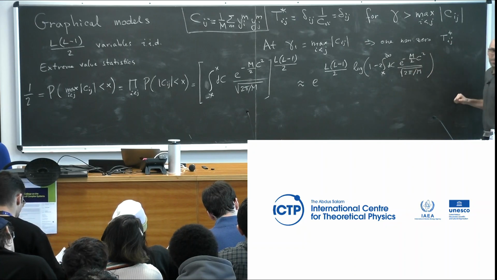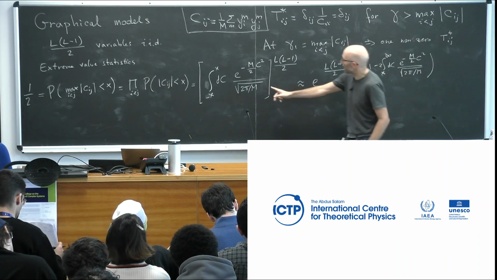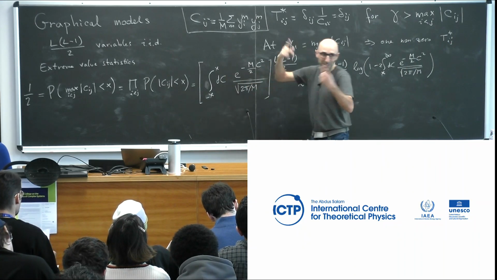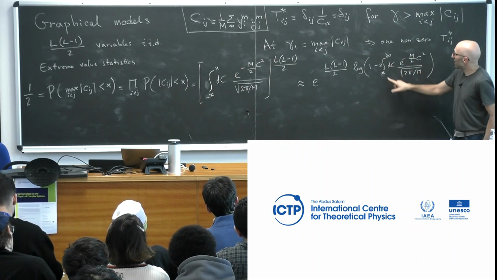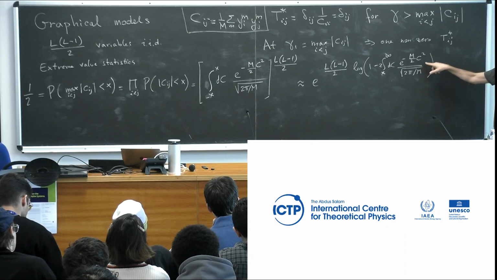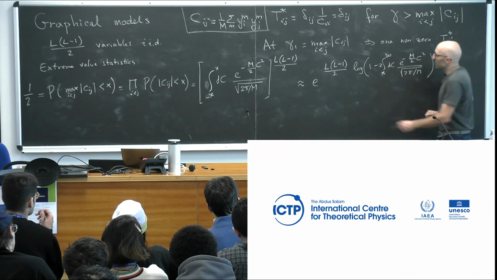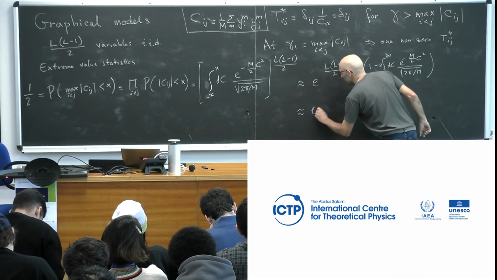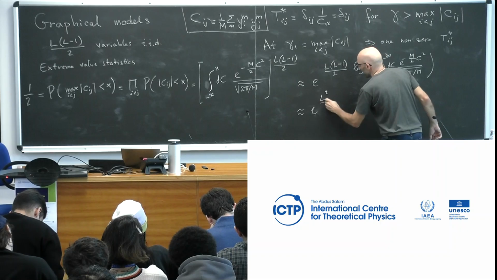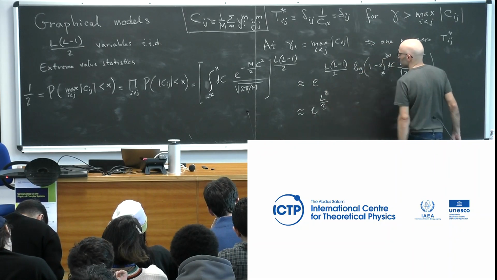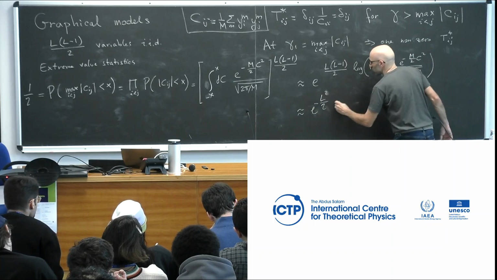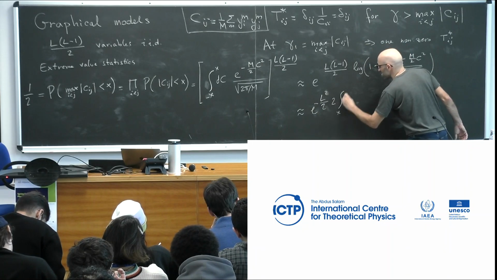Okay, so I use the normalization. So this is 1 minus the integral outside of minus x, and this is small because this is a Gaussian and I'm taking the tails. So we get the exponential of L squared over 2 times minus 2 times the integral.